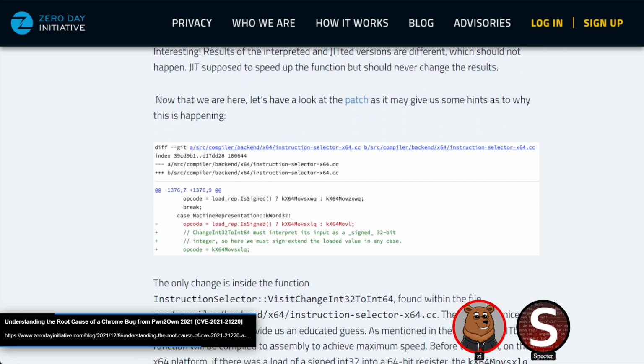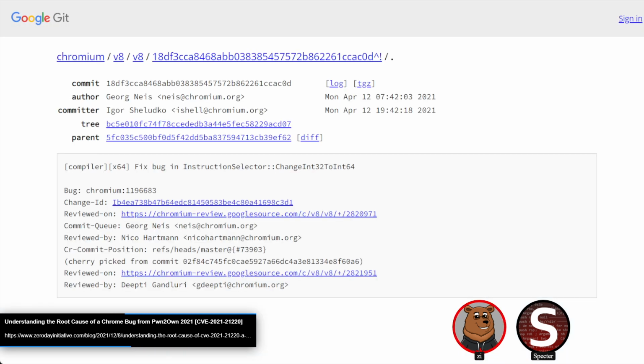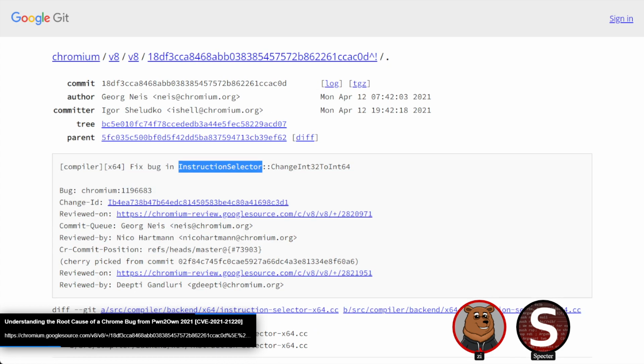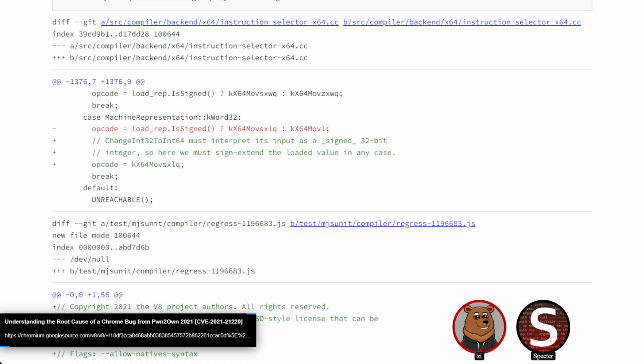But the gist of all that happens is when they look at the patch, and I will bring that up also, in this function ChangeInt32ToInt64, the old code would look: is the provided argument here a signed value? If so, it does a signed move into a 64-bit register.